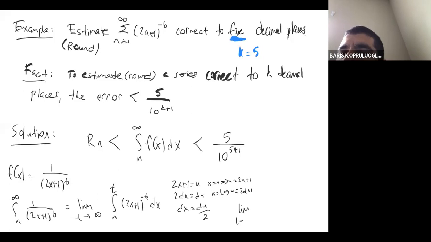So this integral will turn to the integral from 2n plus 1 to 2t plus 1. I'm running out of space, so maybe I'm just going to move to the next page.